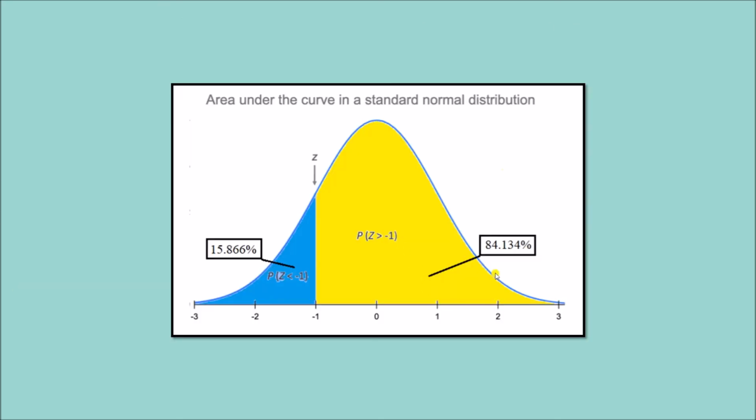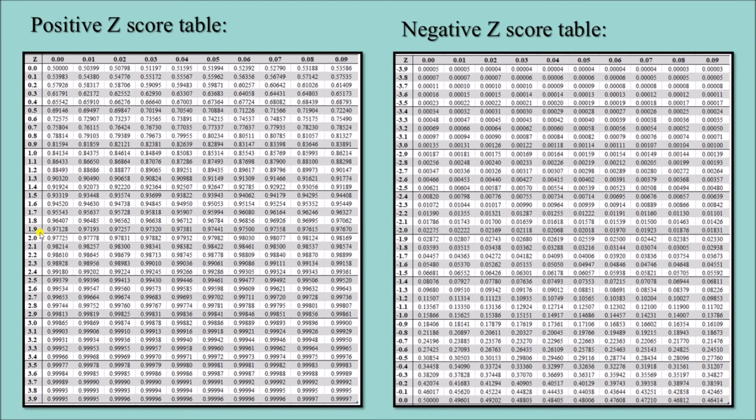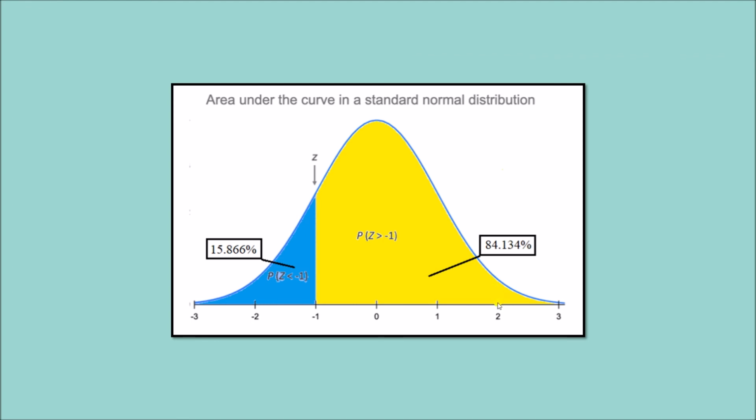If we have a line at the +2 Z position, the left part will be 97.725%. We need to know how many of the people have more than 70 inch height, which is basically more than +2 Z value.